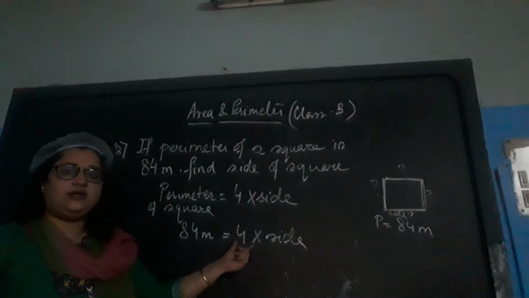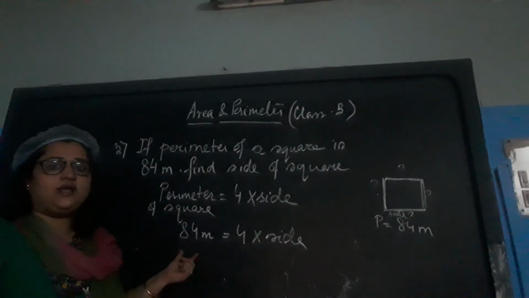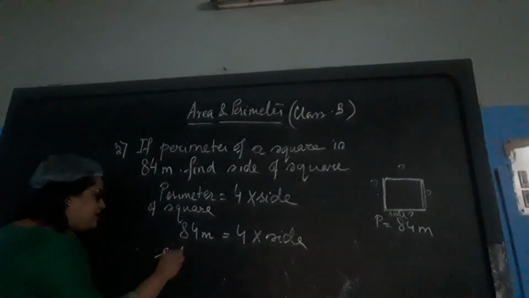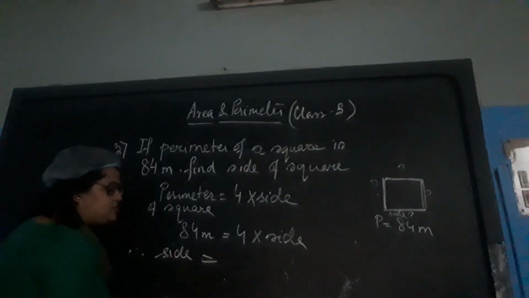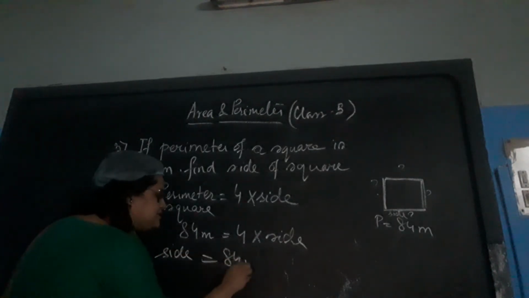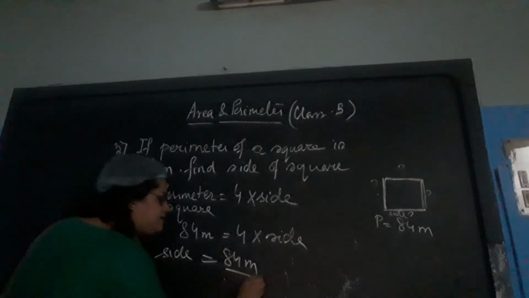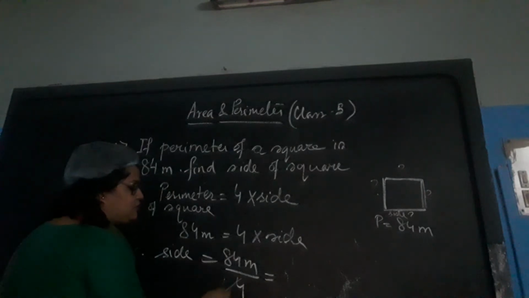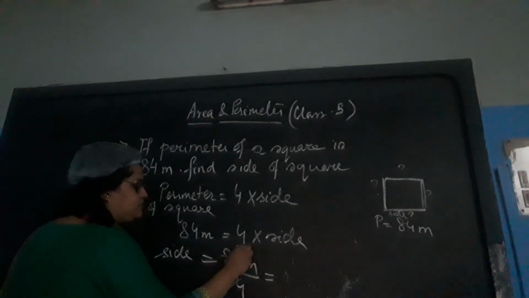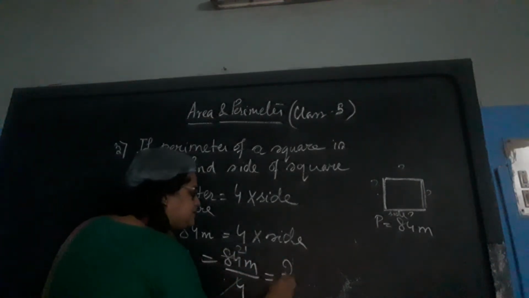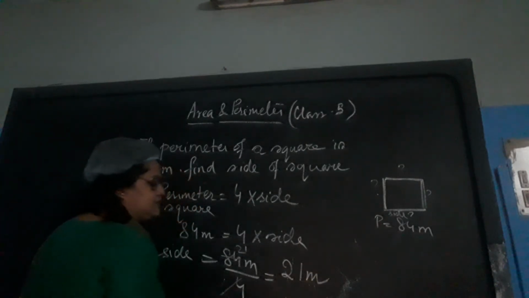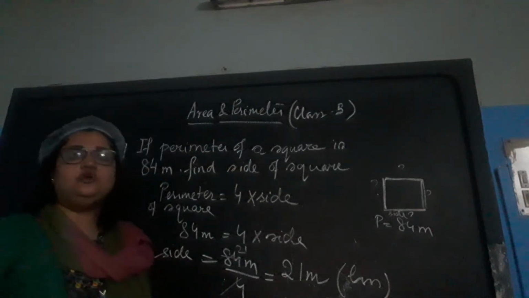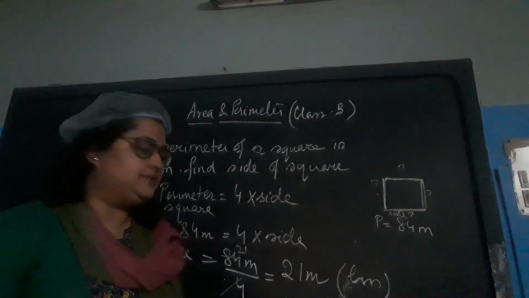Here 4 is multiplied, so when it shifts this side, it becomes divided by. So therefore we can write side will be 84 meters divided by 4, which is equal to, just cancel, 4 2s are 8, 4 1s are 4, so it is equal to 21 meters. So this is the answer. Side of a square is equivalent to 21 meters.